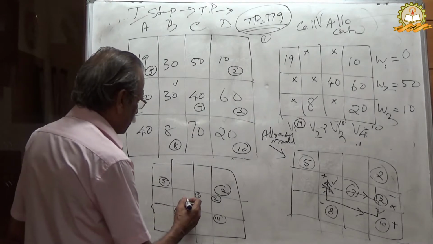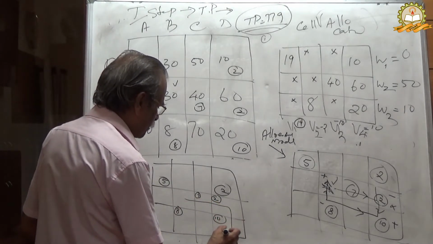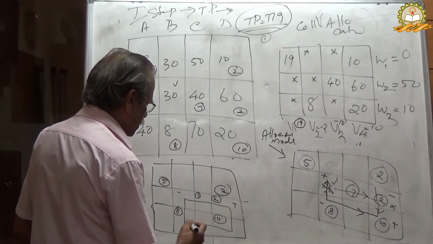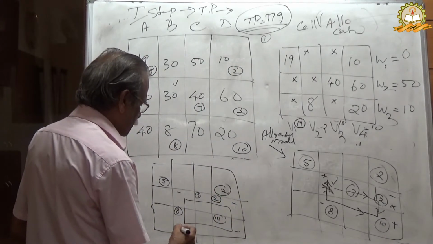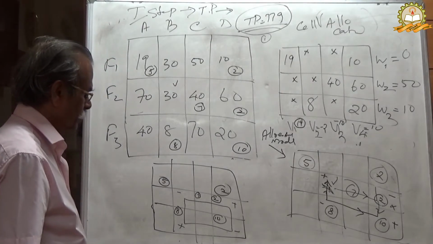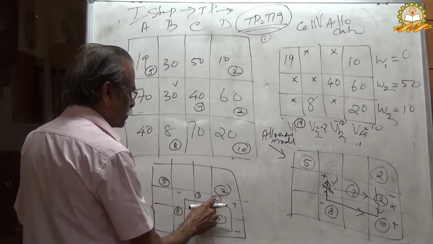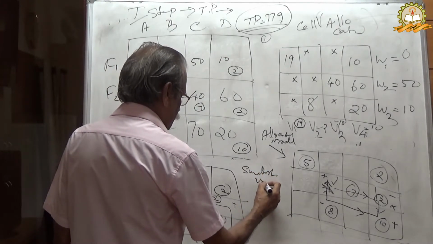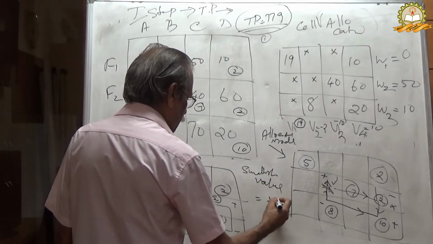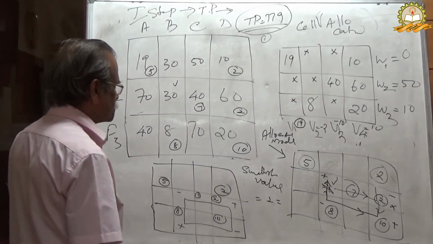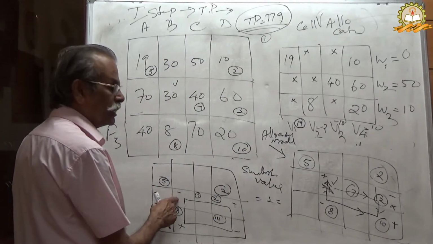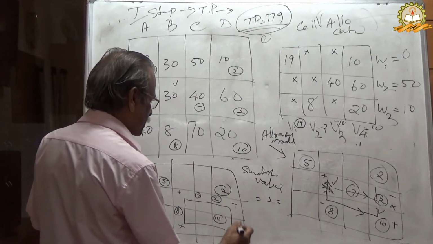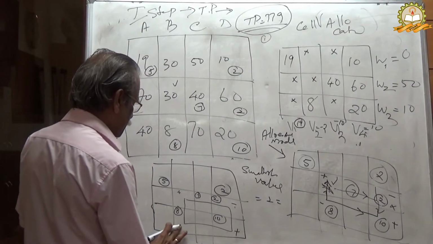Therefore, this is the line you have drawn. Here it is negative, here positive, negative, positive. And choosing the smallest value, 2. This is the revised matrix, here it is positive, negative, positive, negative.